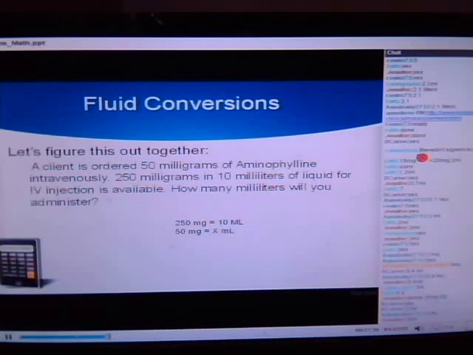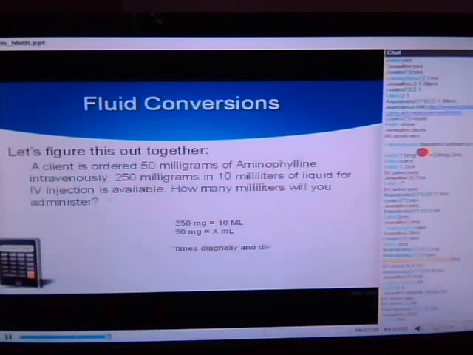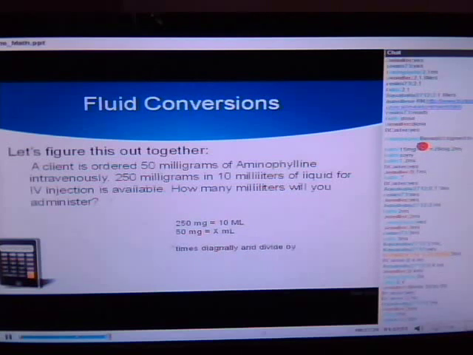So I'm looking for X mLs. I'm doing this for the benefit of the recording. So I multiply diagonally and divide by the X. And we come up with 2 milliliters.